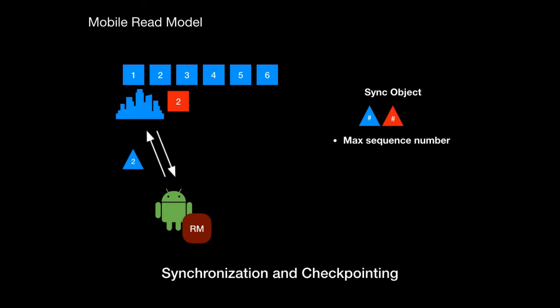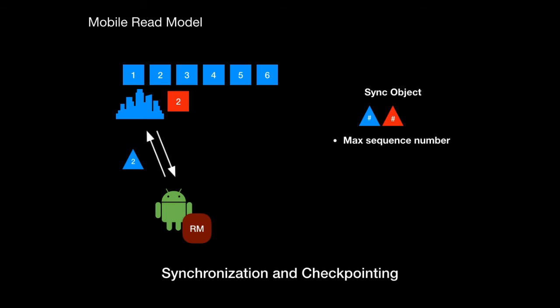And this object is a checkpointing object. So the previous call that was made by this Android device to get events returned this sync object. And that was telling the Android device, in an opaque way, it doesn't have to know what the value is, but it's a synchronization object that is used by the device to send on the subsequent request.